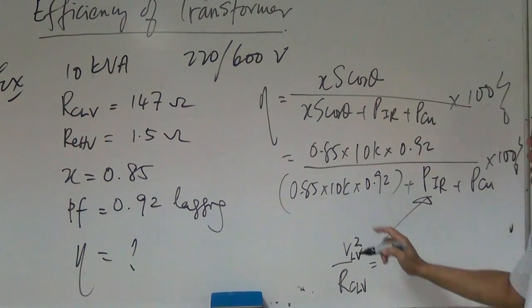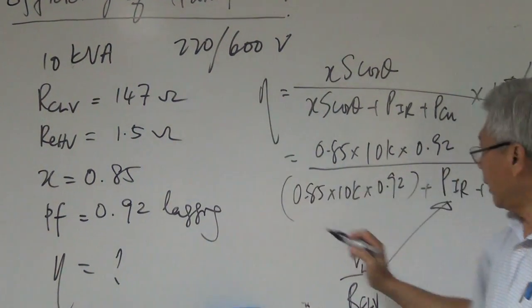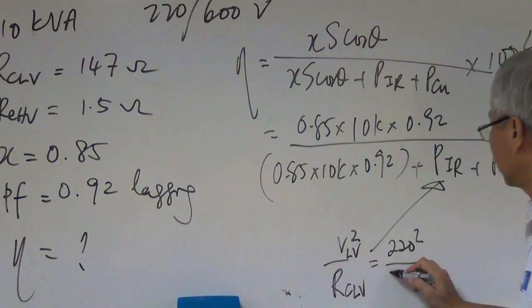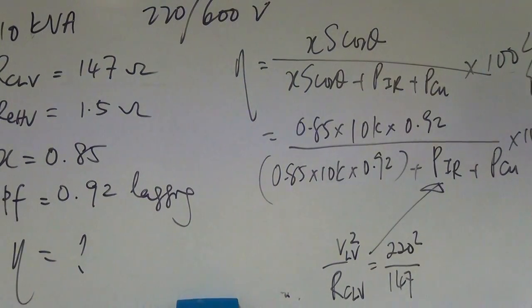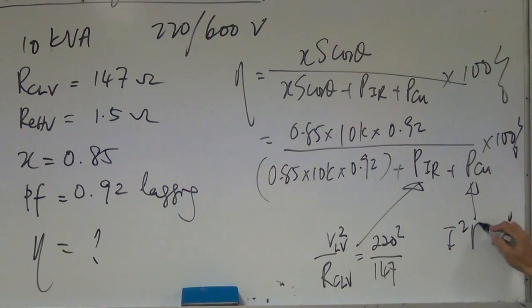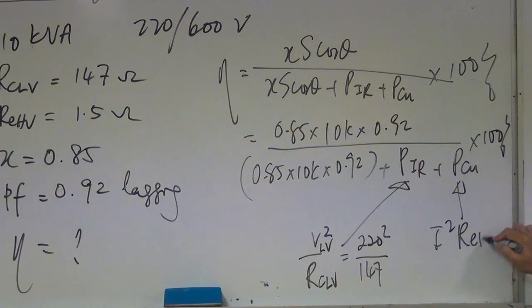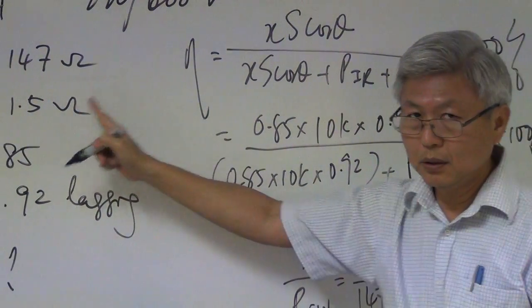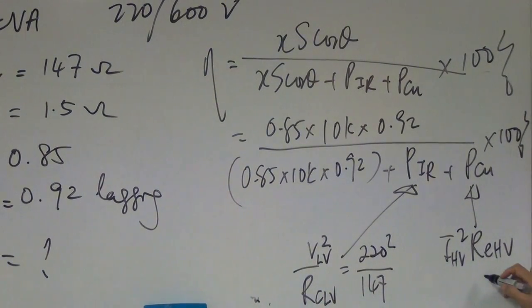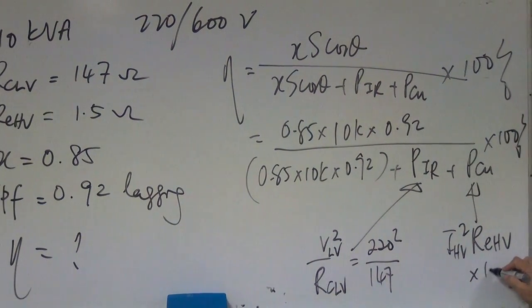So the VLV is 220 square and the RCLV is 147. Got it? Copper loss, you use I square R. Which R? REHV. Which I? IHV. Right? Okay, REHV no issue, you know it's 1.5.